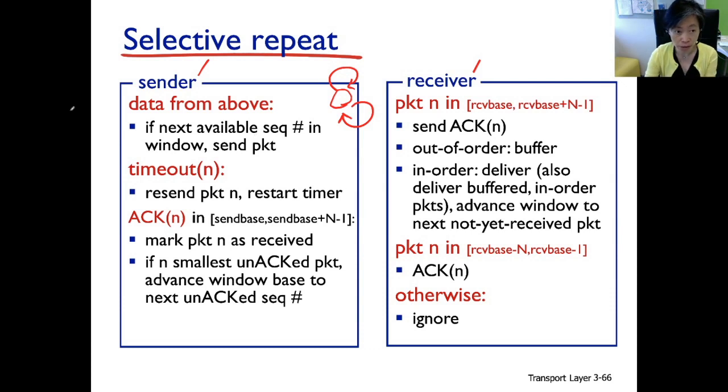So what I'm saying is essentially, there are still 3 transitions. The first transition is triggered by the event of data from above. Second, the timeout event. Third, triggered by receiving an acknowledgement packet within a particular range.